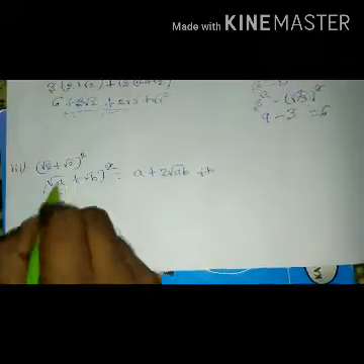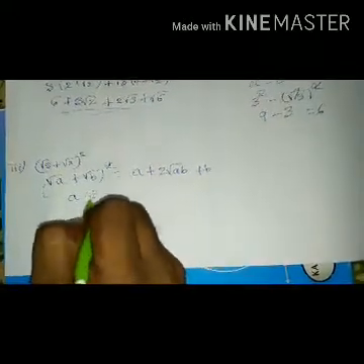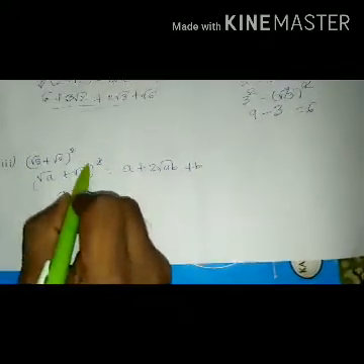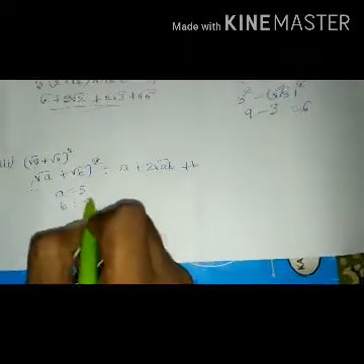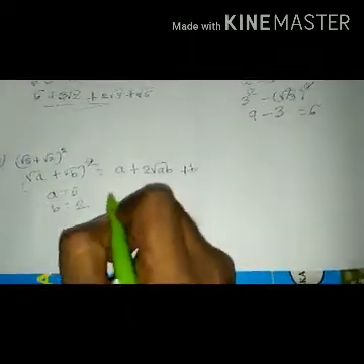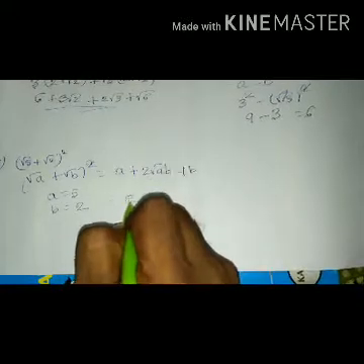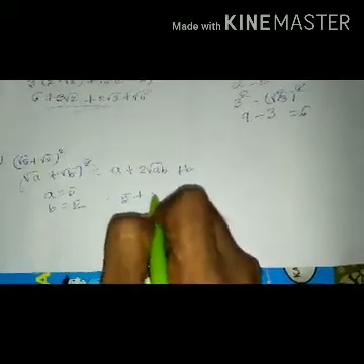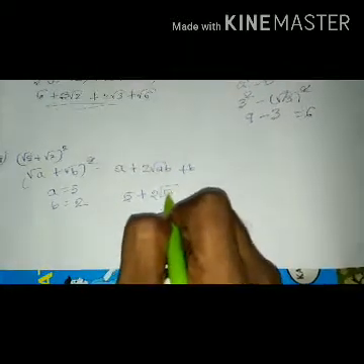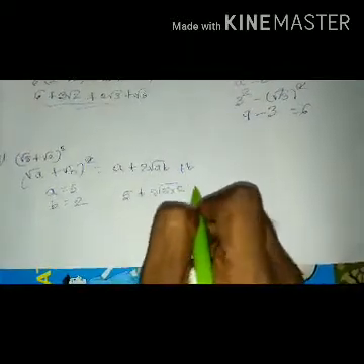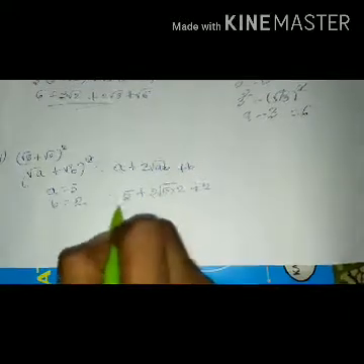Here the value of a is 5 and the value of b is 2. So substitute these values in the identity. The value of a is 5, plus 2 into the square root of the value of a which is 5 and the value of b which is 2, plus the value of b, which is 2.